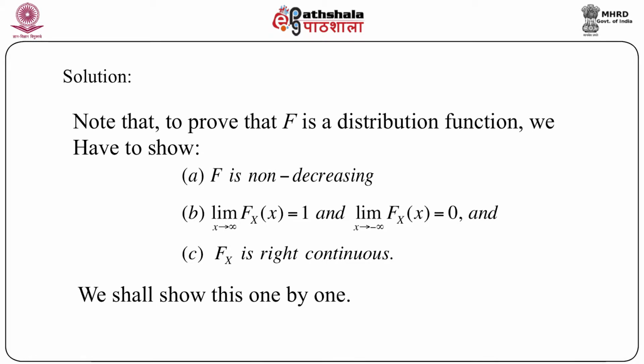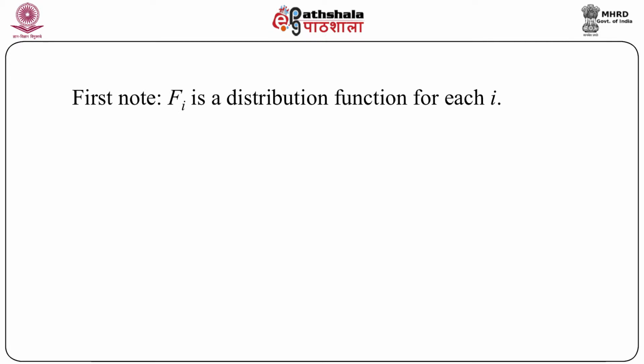Let's start with the first one, that F is a non-decreasing function. First note that it is given in the problem that capital Fi is a distribution function for each i. Here i moves from 1 to k, so let's consider i fixed, and then for fixed i, Fi is a distribution function.